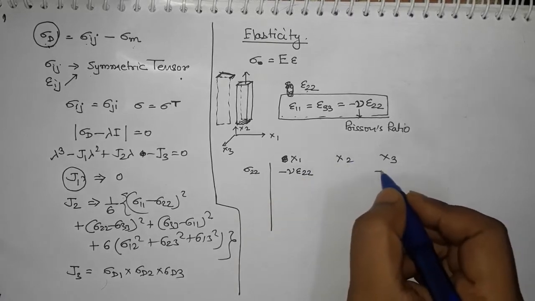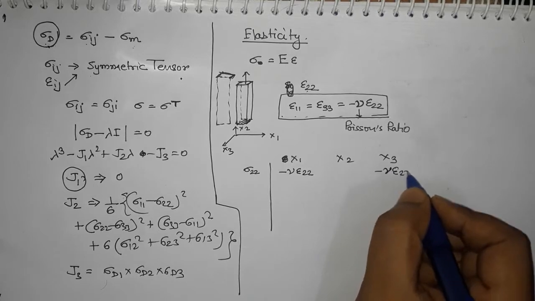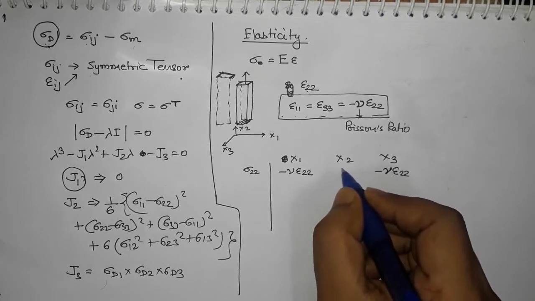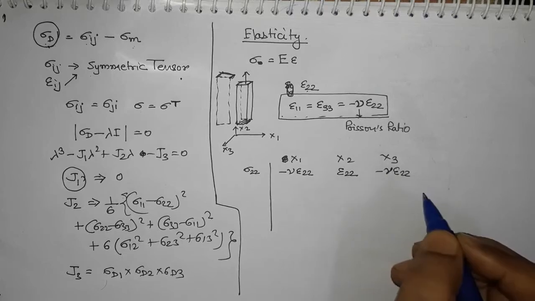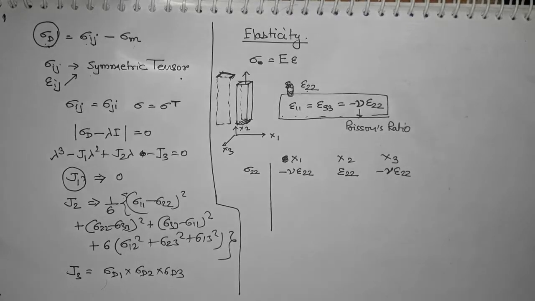In 3 3 also we get minus mu into epsilon 2 2, and here we get epsilon 2 2.